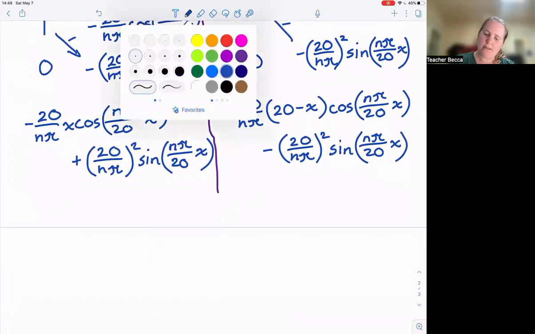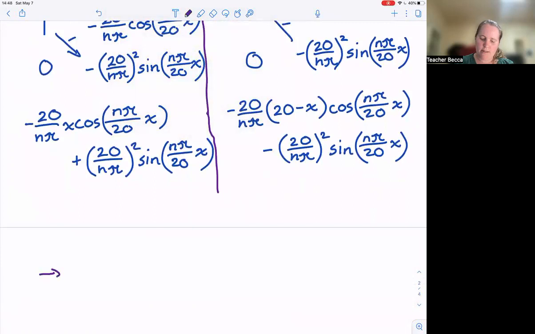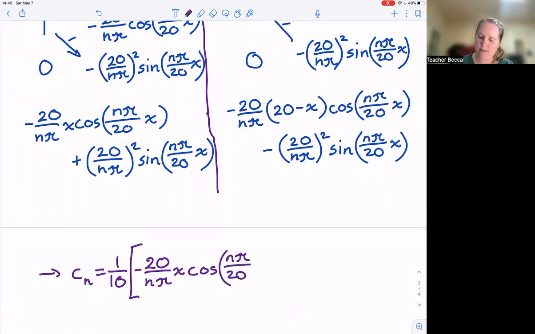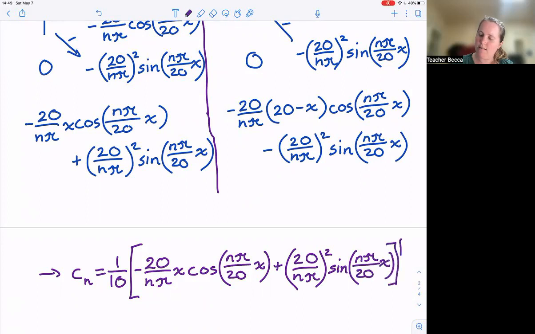So putting these all back together, we have that Cn is equal to 1/10 times, we have a negative 20 over n pi x cosine n pi over 20x plus 20 over n pi squared sine of n pi over 20x. This is then being evaluated at 0 and 10.